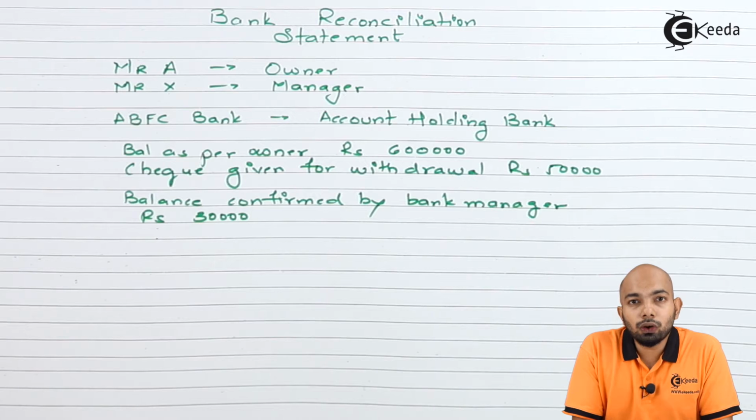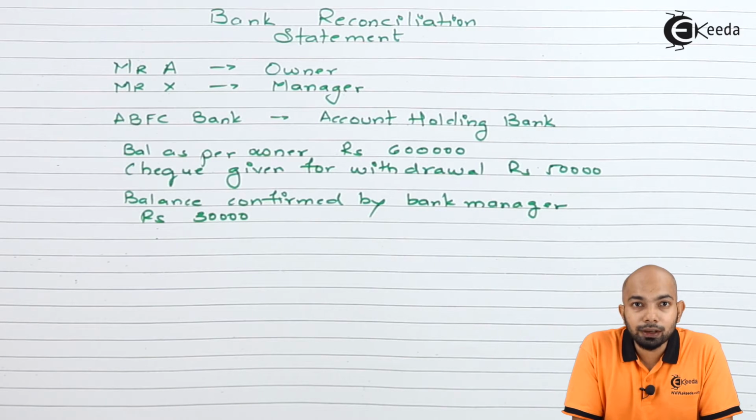Now, the owner of the business starts to find out how the balance, which as per his cash book should be rupees 6 lakh, is showing as rupees 30,000 in his passbook. What he needs to check is where this difference is coming from. So he approaches his chartered accountant, who confirms that he needs to prepare the bank reconciliation statement.